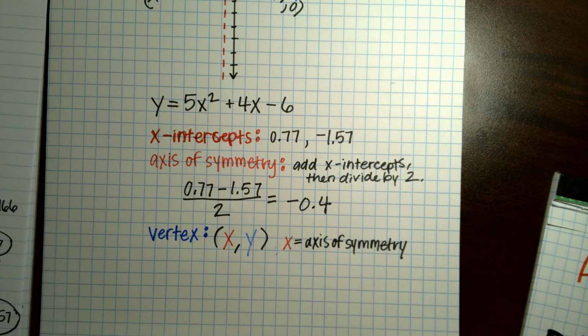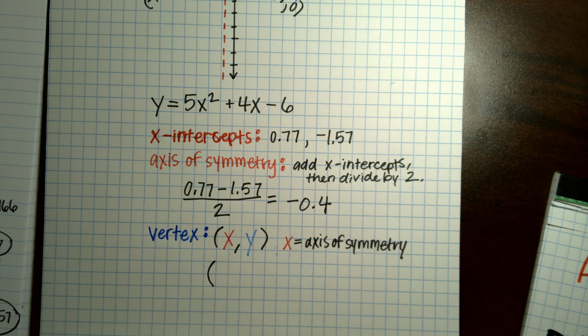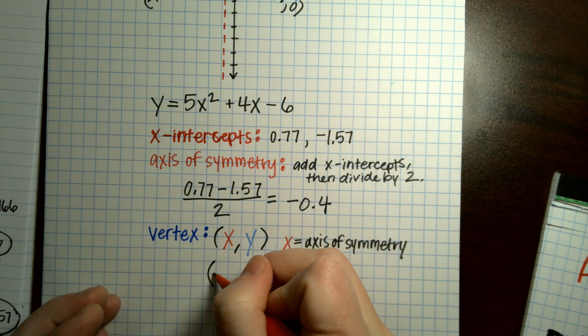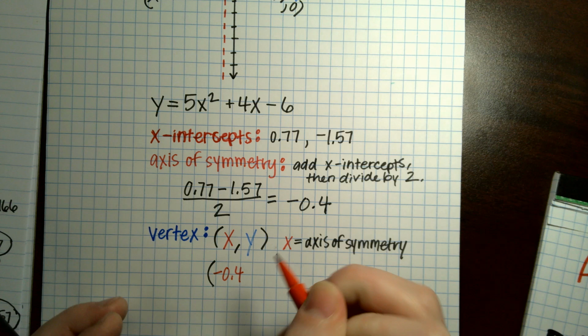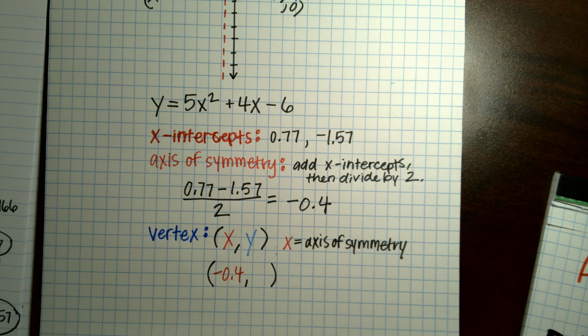What would the x value of our vertex be? Negative 0.4. So I can go ahead and write negative 0.4. And the y value we have to solve for.